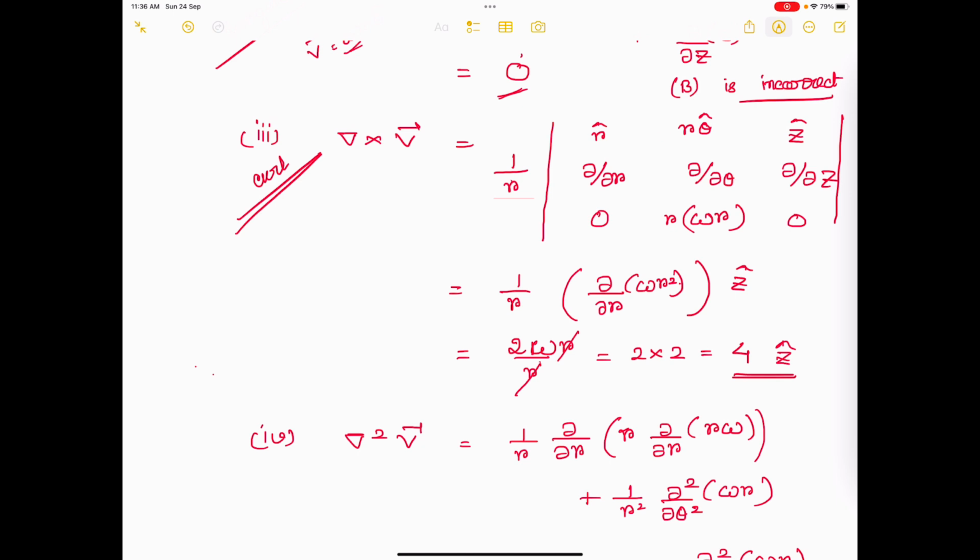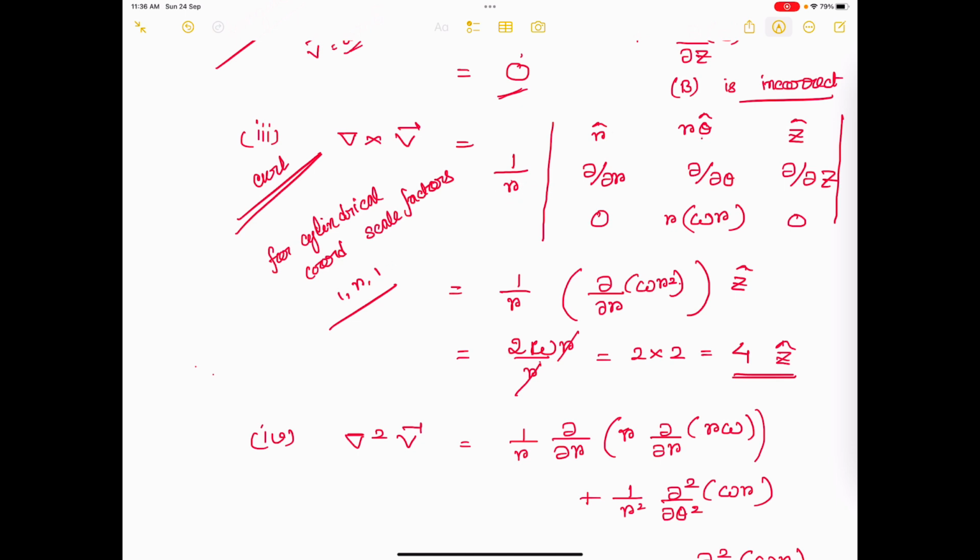Now remember that the scale factors for the cylindrical coordinate are 1, r, 1. So this is the multiplication of all the scale factors, 1 divided by the multiplication of all the scale factors, and comes out to be r into 1, that is r.